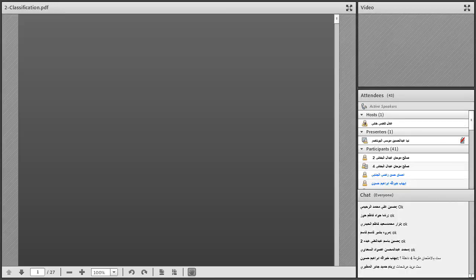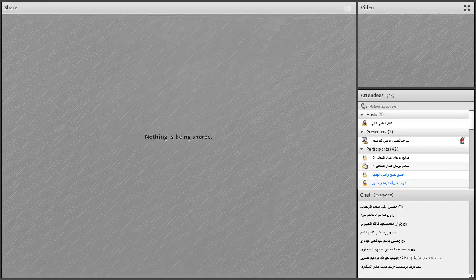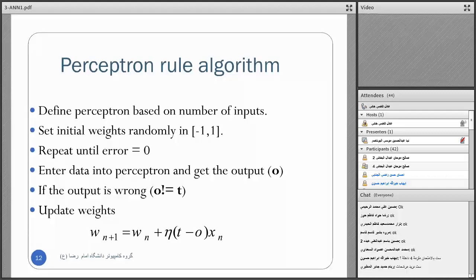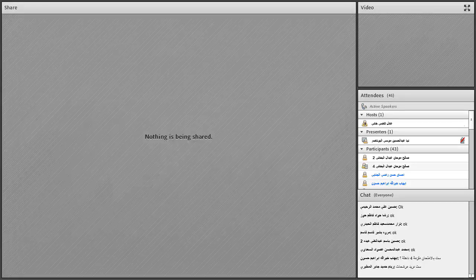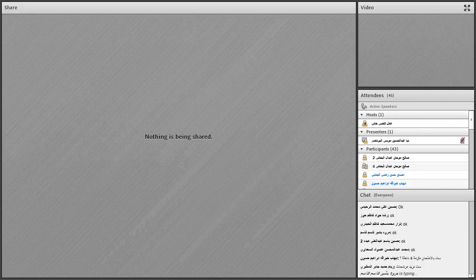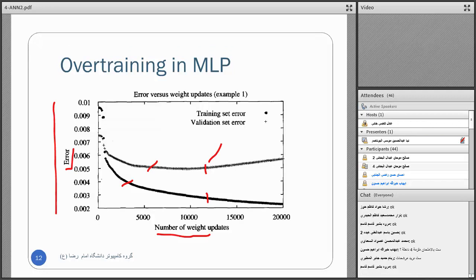This was the first slide about classification, this slide and the slide about the neural network, the perceptron, and part 1, part 2. This is what we will have for the midterm exam.